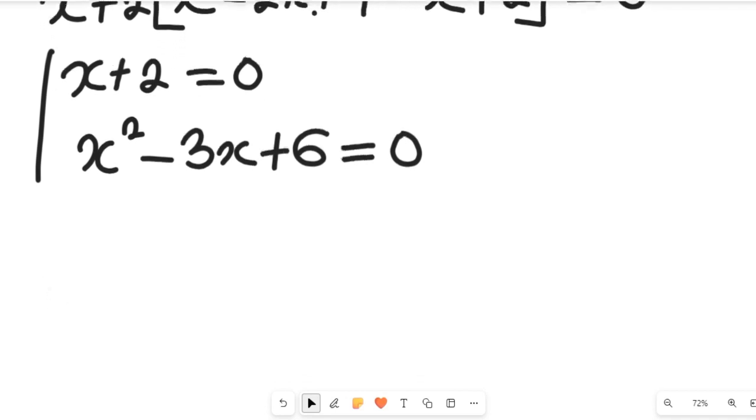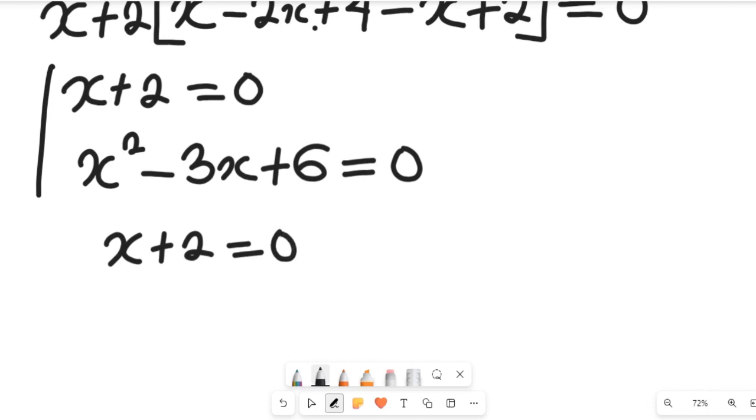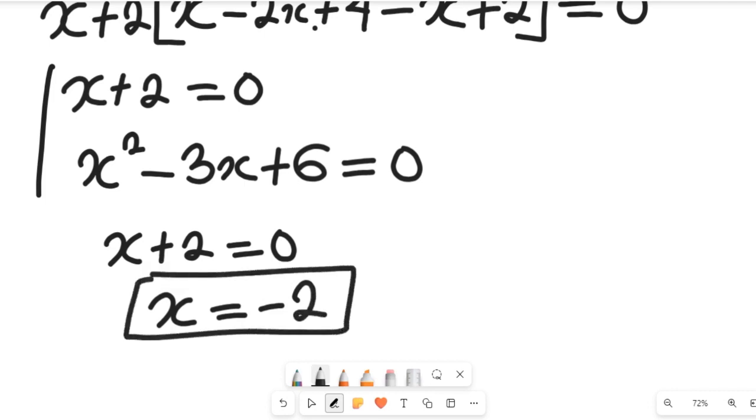So these are the linear and quadratic expressions we are going to get from that polynomial expression. From the linear expression, we can say the value of x plus 2 is equal to 0. We subtract 2 from both sides, and the value of x will be equal to negative 2. The value of x equal to negative 2 is the first solution to that polynomial expression.